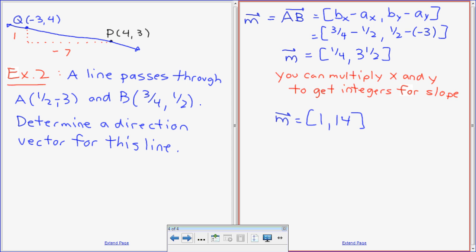Is everyone okay where I got 1, 14 from? No. Okay, so all I did was just this. That's rid of the denominators. Think of it this way. If I'm going 1, 14, I'm going 1 across and 14 up.